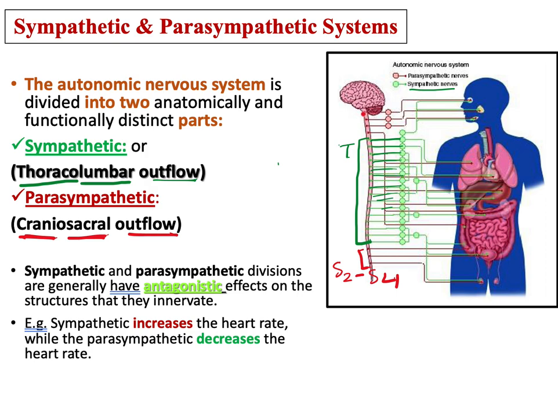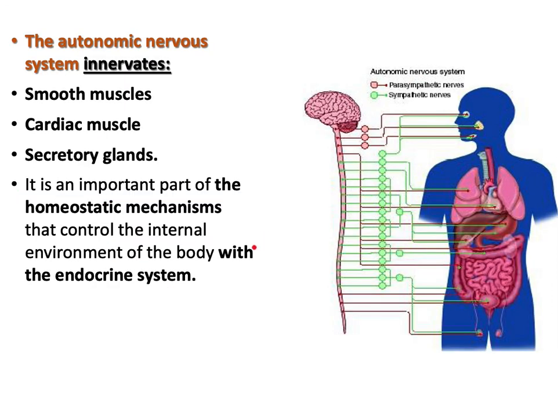For example, in the brain, the fibers come out from the brainstem and join cranial nerves 3, 7, 9, and 10. So the cranial part and sacral part are called the craniosacral outflow. These are fibers of the parasympathetic system. I prefer to wait until the last lecture about it, so don't rush yourself.